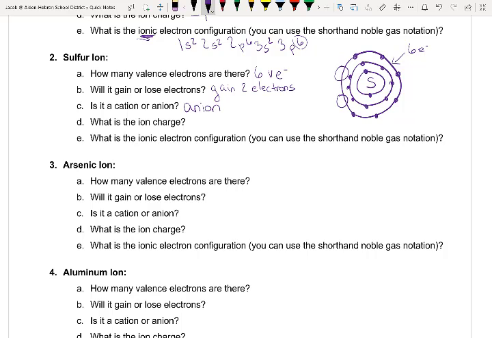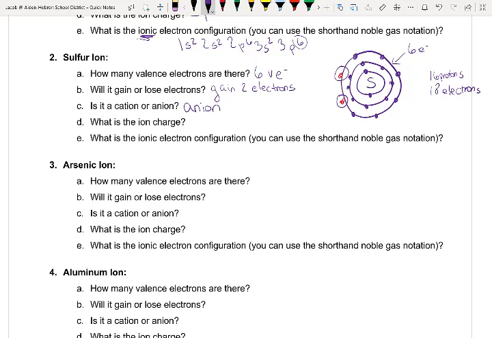So again, how we're getting that charge, sulfur in the nucleus usually has 16 protons. If we are gaining 2 more electrons here and here, we are going to be ending up with 18 electrons.